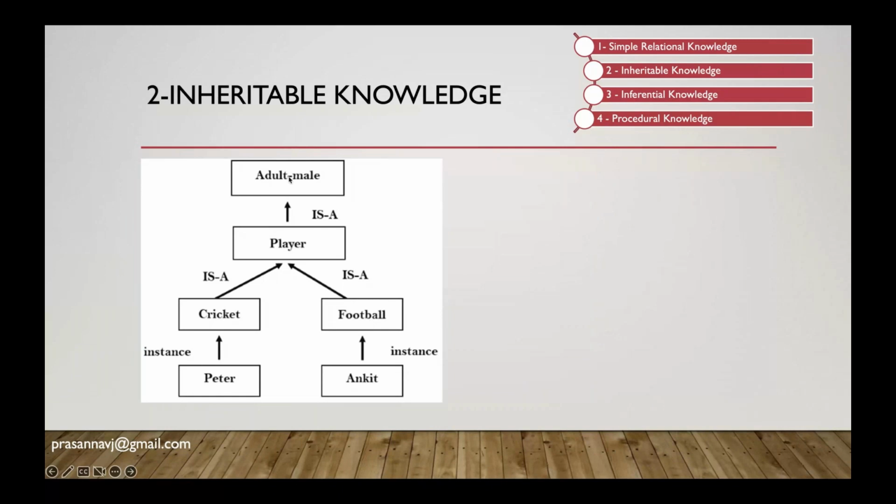That is what inheritable knowledge represents. In tabular form, two sets of information are represented, while the is-a relationship provides three sets of details: a player in cricket, a player in football, and the adult male is a player. Okay, this is inheritable knowledge.